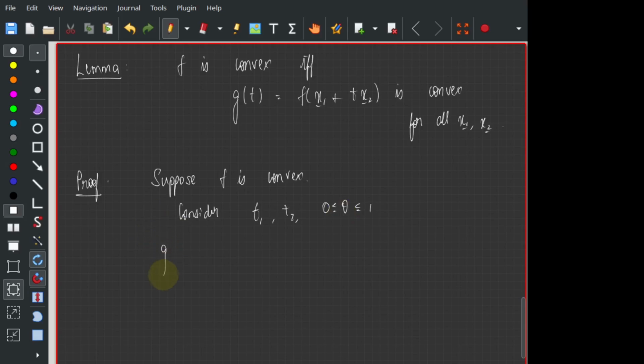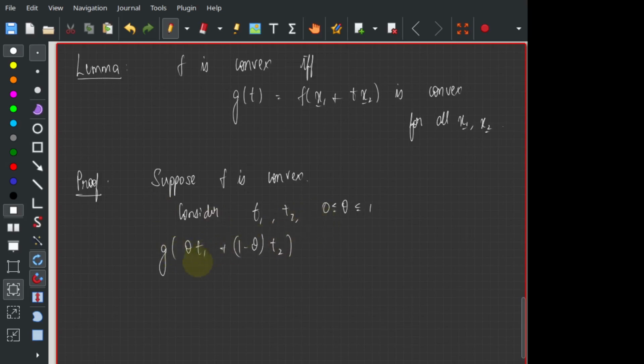What we want to show is that g of theta t1 plus 1 minus theta t2 is less than or equal to theta g of t1 plus 1 minus theta g of t2. If we are able to show that, then it means that g is also convex.